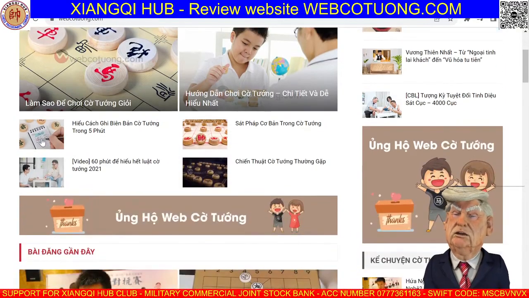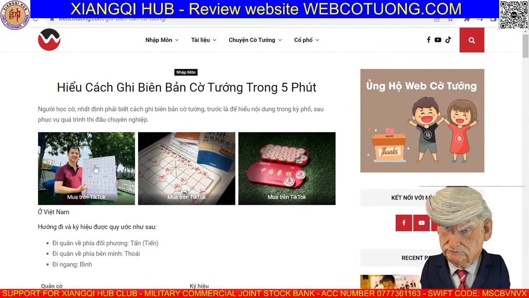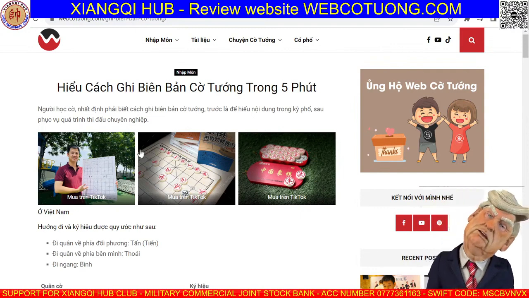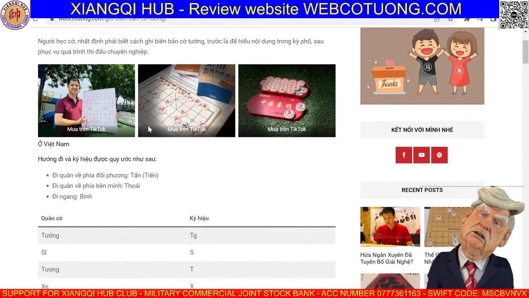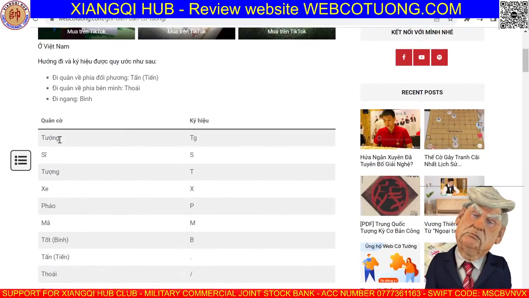Okay, we go down, and of course below here is how to write the moves. This is Vietnamese actually. For general in Vietnamese they call it Tg.